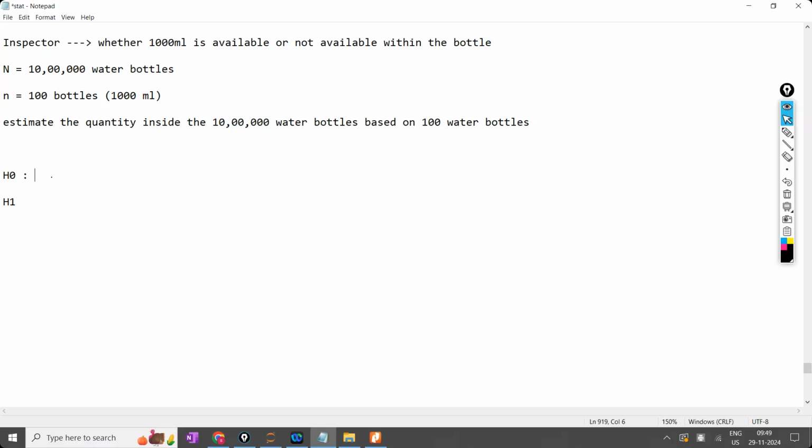The null hypothesis says that nothing is there, no difference. Null means nothing, or no difference, or whatever the present one is, continue with the present one. Status quo. That is the meaning of null.